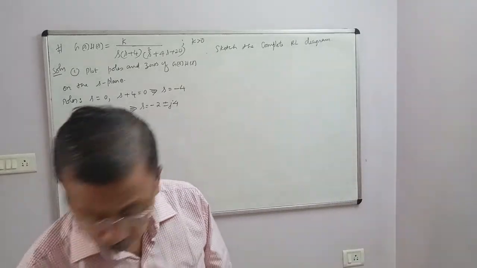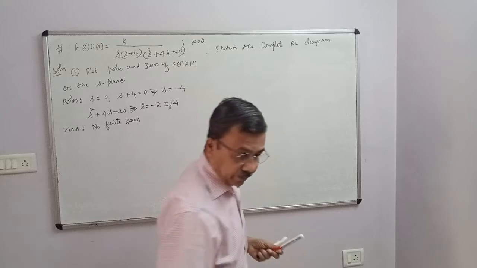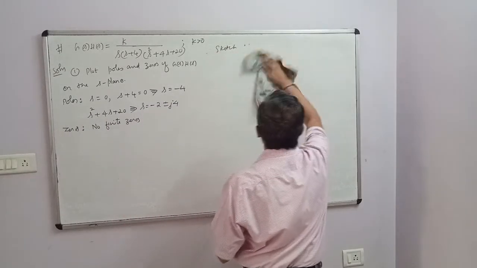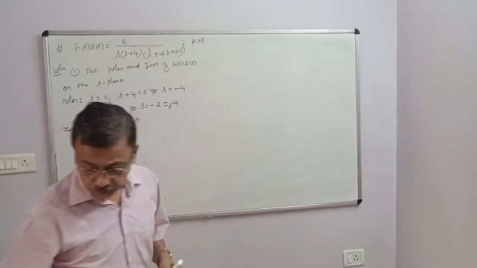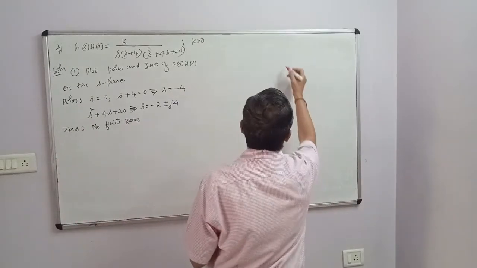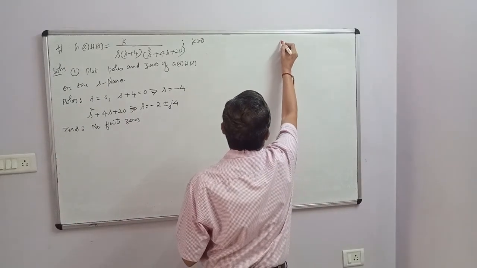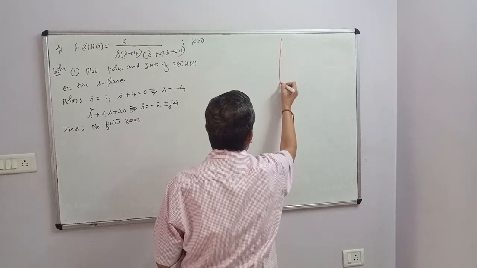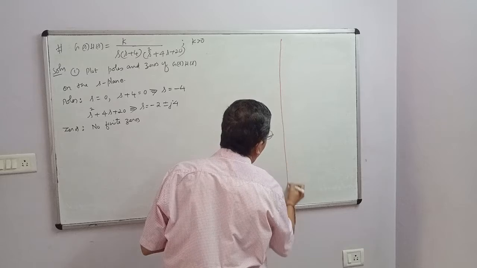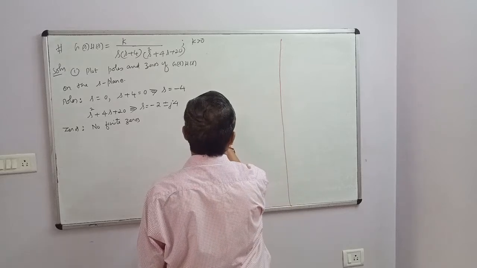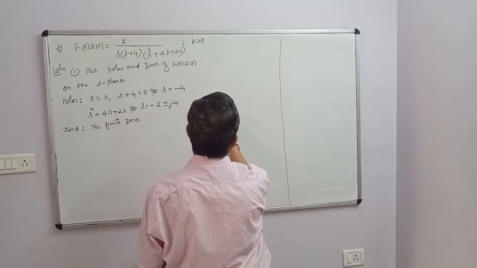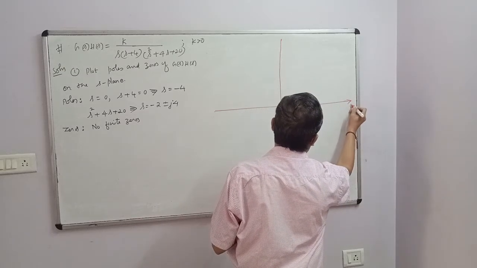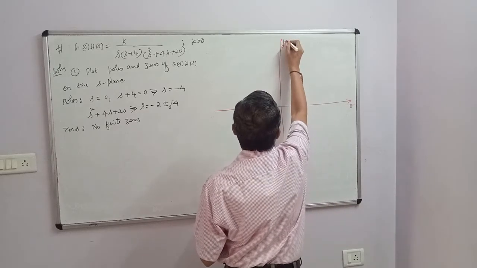Let me plot these poles and zeros in the s plane. Again we choose 1:2 scale. The s plane has got real axis sigma, imaginary axis j omega.